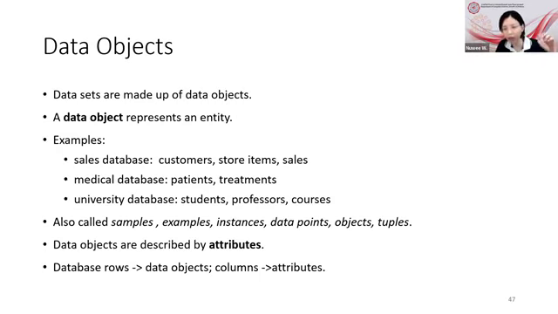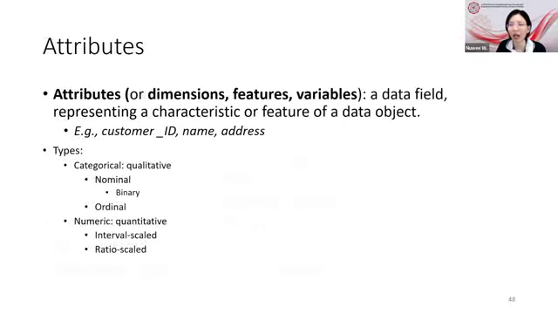So the database rows are considered as data objects, and the columns are considered as attributes. Attributes can be called dimensions, or in data science we call them features, or they can be called variables in statistics, right? So it's just a data field. An attribute is a data field that represents a characteristic of the data object, for example the ID of the customer, the name of the customer, the sales quantity.